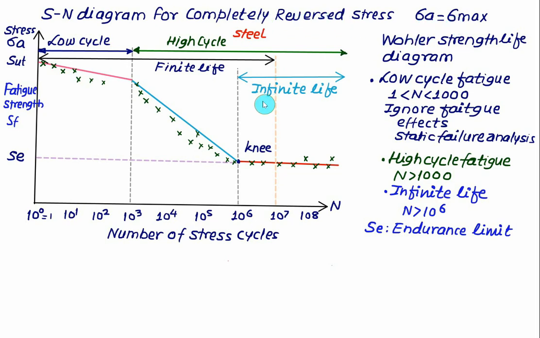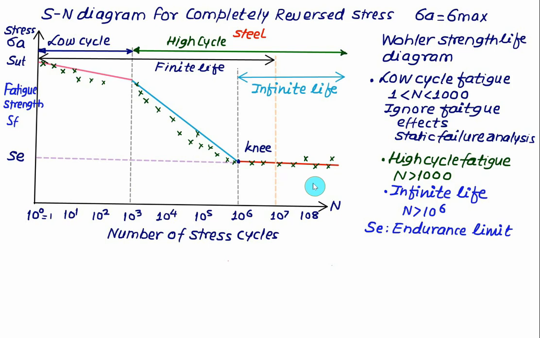Mainly we are interested here in infinite life, and for finite life we are interested from 10 to the power 3 to 10 to the power 6, because from 10 to the power 3 to 10 to the power 6 we have to consider the effect of fatigue. From 1 cycle to 10 to the power 3, that is 1000 cycles, the effect of fatigue is neglected, and this region is considered a static failure region.